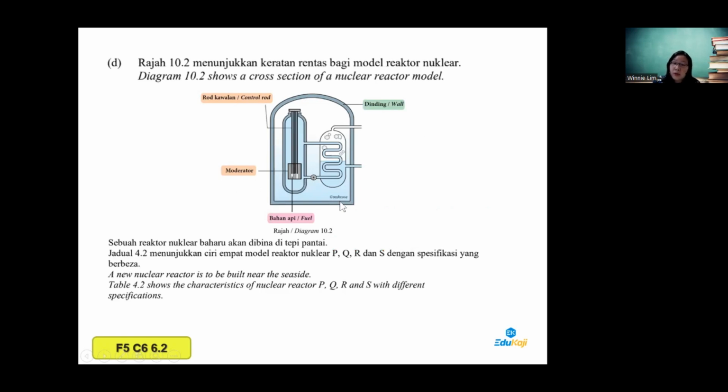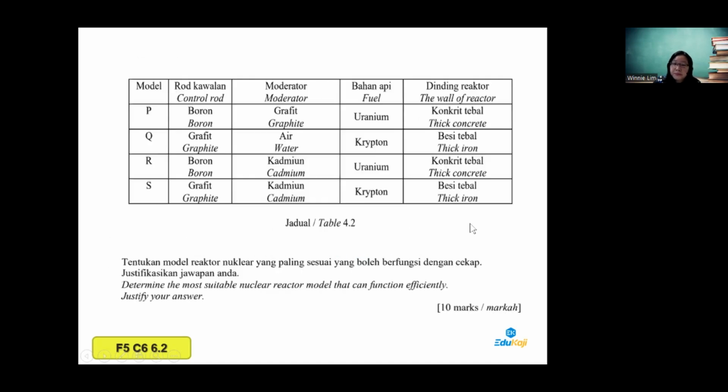Then you look at the diagram, you may get some idea. Then you have the fuel inside, you have the moderator, and you have the wall. Of course, this question you can answer if you have some idea, or you know what the suitable material for the control rod and moderator is, or else it is hard to get the correct answer.